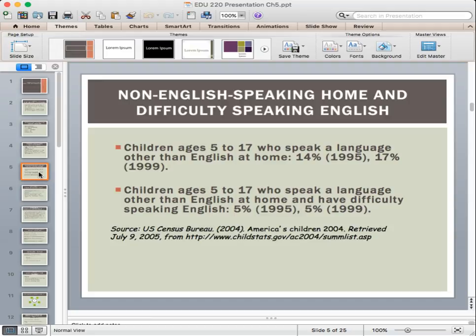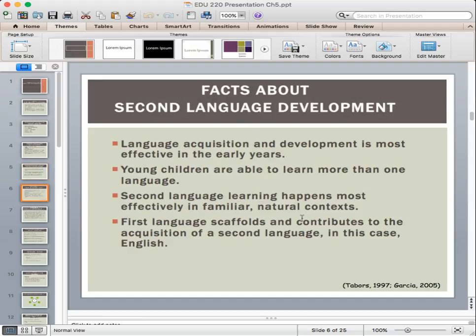So, here is some research about non English speaking and difficulty speaking English statistics. How does this affect your teaching approach? Now, think about what interventions you will use to help scaffold language skills.